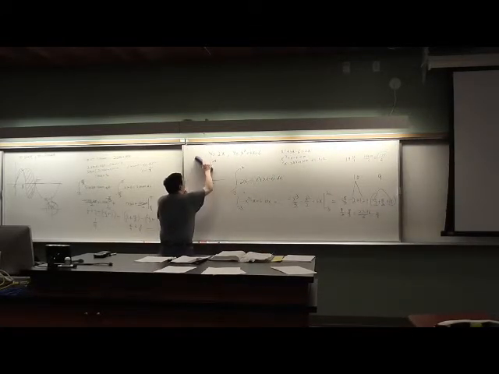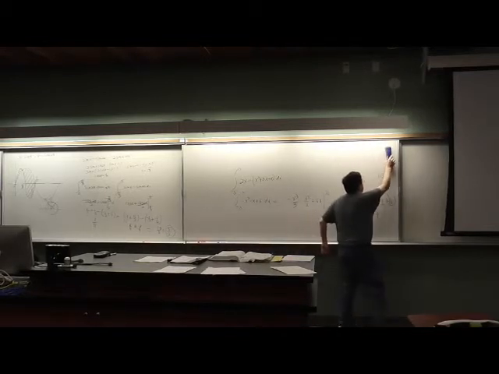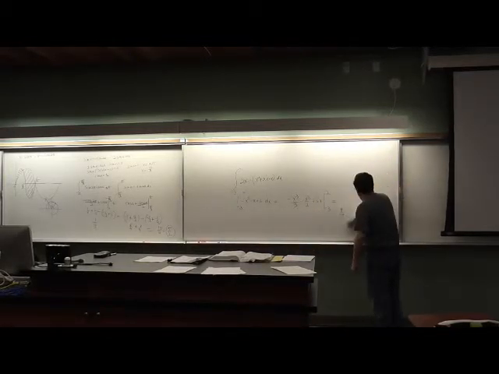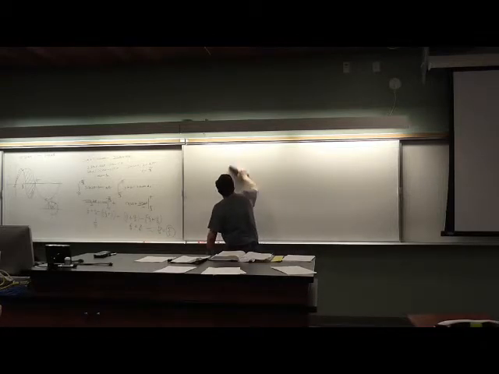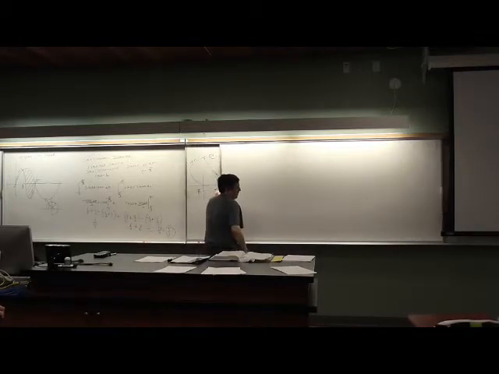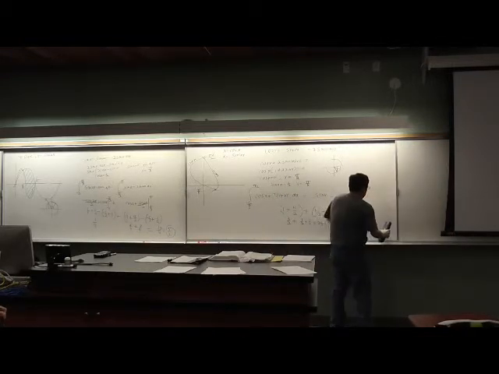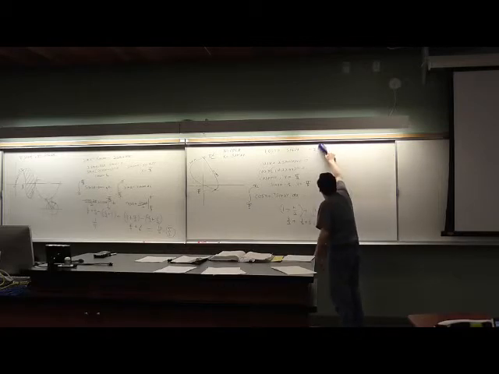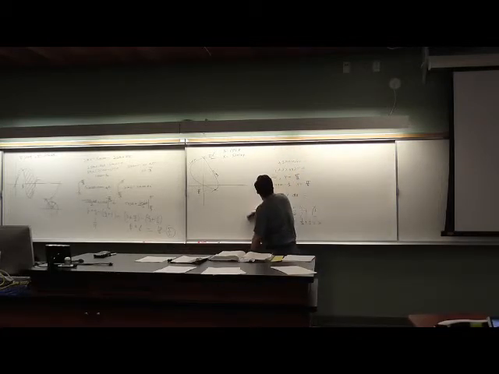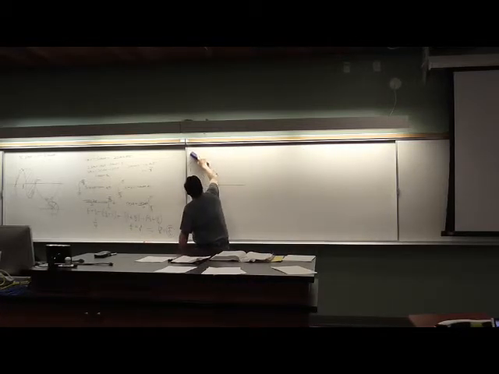And then we have one more section before the quiz next Tuesday. In this section, we're going to learn a different method of finding a volume, a new method. It can be a little redundant.